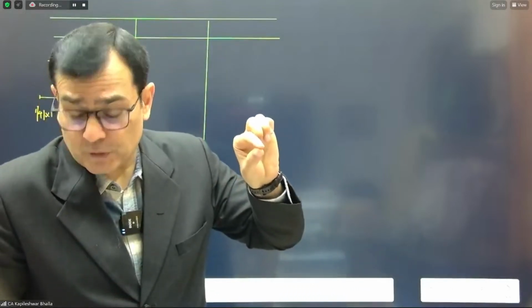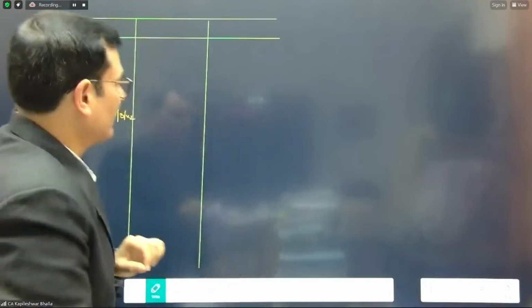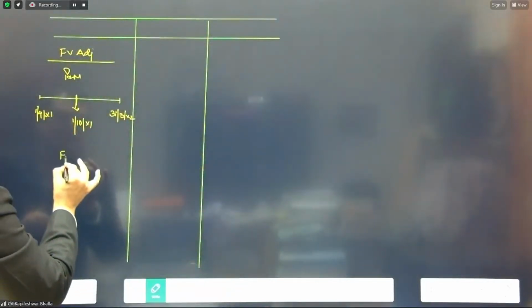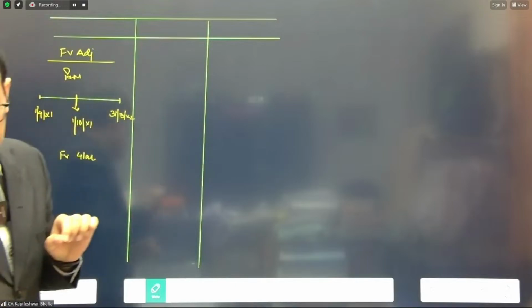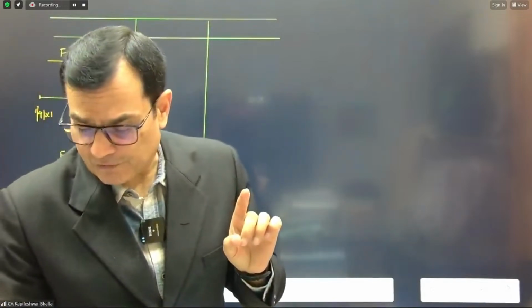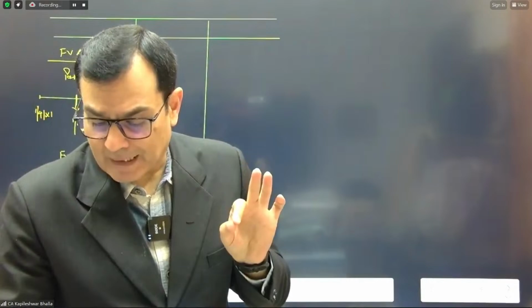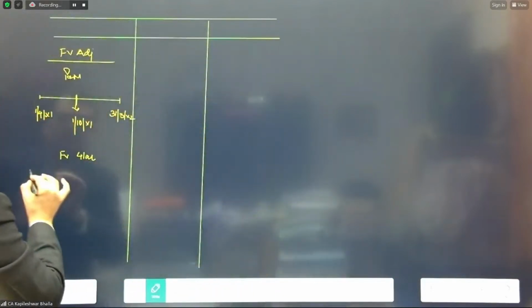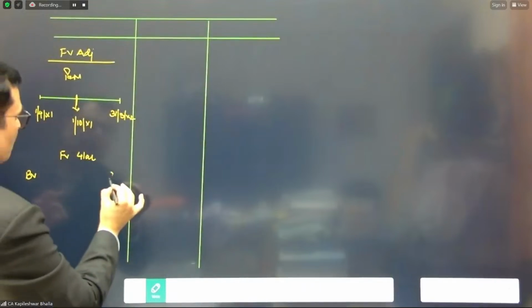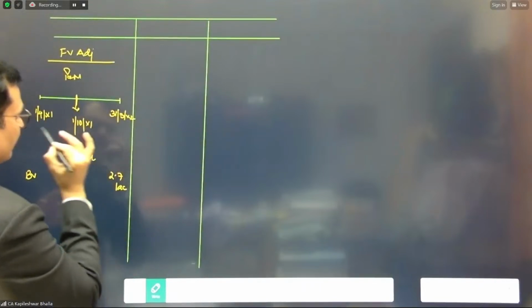The fair value of this machinery on 1st October X1 is 4 lakhs. So the fair value on the date of acquisition is 4 lakh. If you go to the balance sheet of the subsidiary, the plant and machinery is appearing at 2.7 lakh. So this is the book value, 2.7 lakhs at the end of the year.